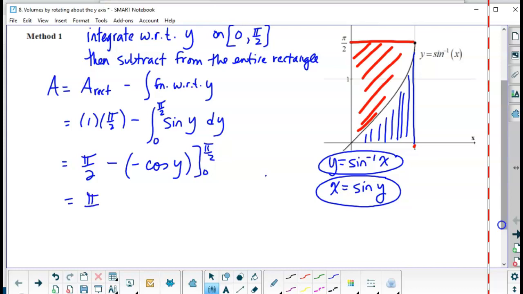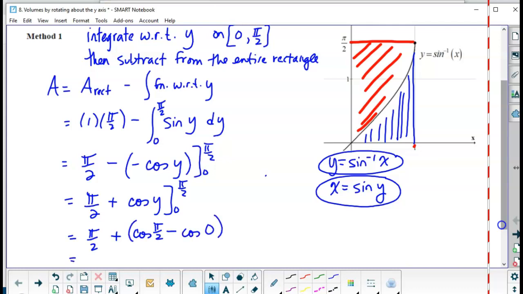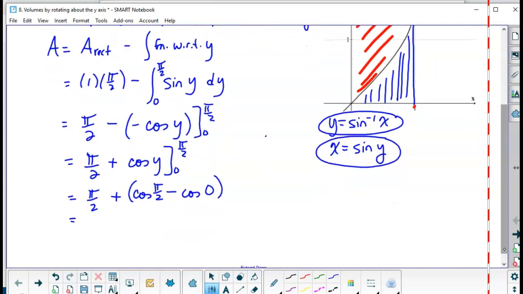Okay, so pi over 2 minus, well, that can be plus cos y from 0 to pi over 2. So cos of pi over 2 minus cos of 0. Cos of pi over 2 is 0. Cos of 0 is 1, so that's going to be minus 1.